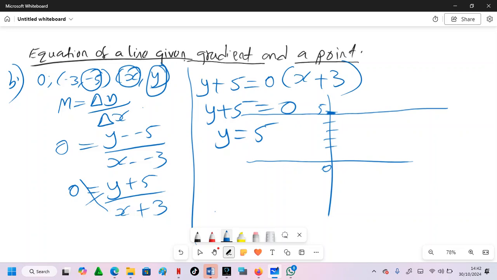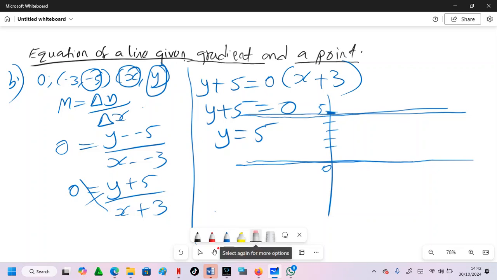Any line that is parallel to the x-axis has its gradient as 0. A line that has no change in y has its gradient as 0. Why? Because anything you divide 0 by gives 0, while dividing anything by 0 gives a math error.